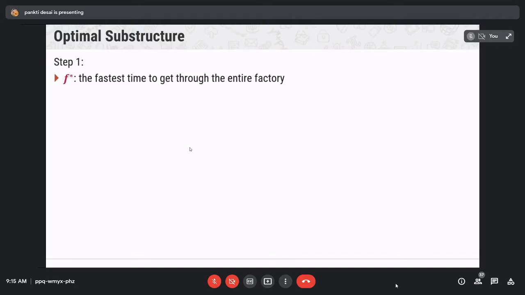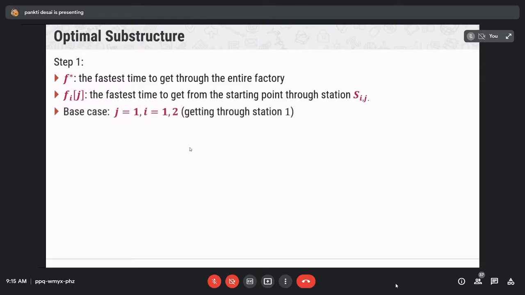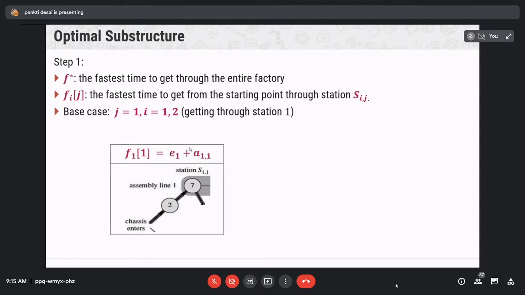So F star is the fastest time to get through the entire factory. Then Fij is the fastest time to get from the starting point through station Sij. And the base case is j equals 1, i equals 1, 2, getting through station 1.